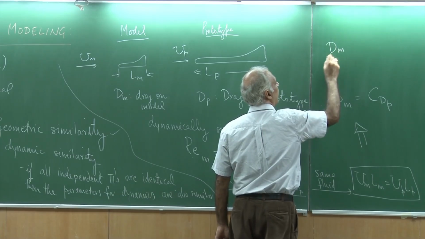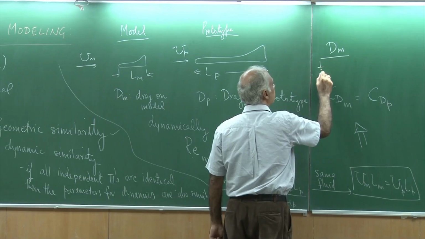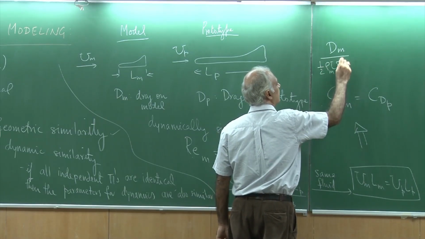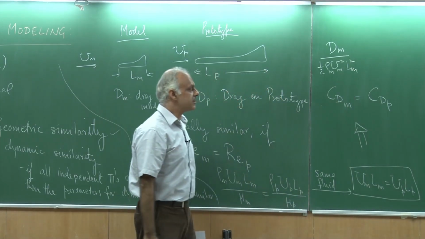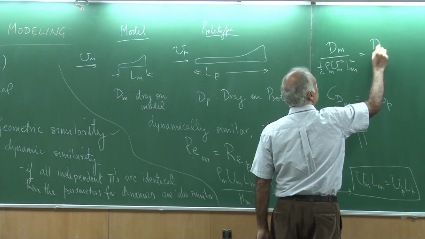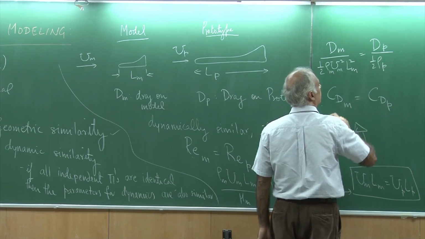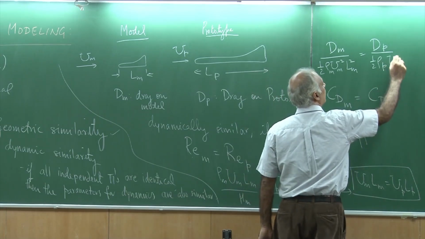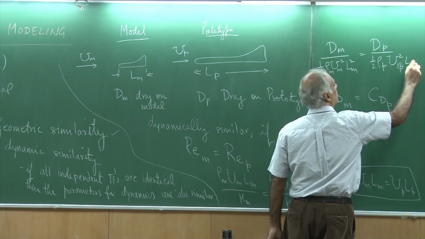CD would be the drag on the model divided by half rho, because I have non-dimensionalized it, with the velocity squared and maybe the length square, which represents an area for the model, and this would be equal to the drag on the prototype divided by half the density of the air I use for the prototype, the speed for the prototype squared times Lp squared.